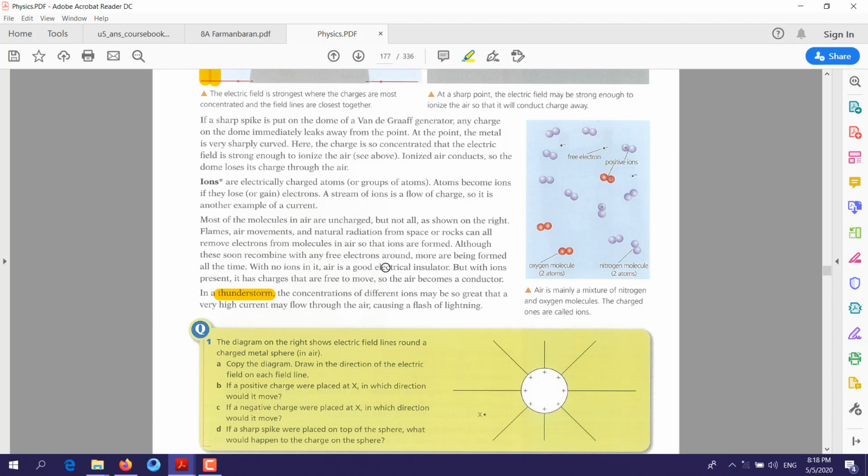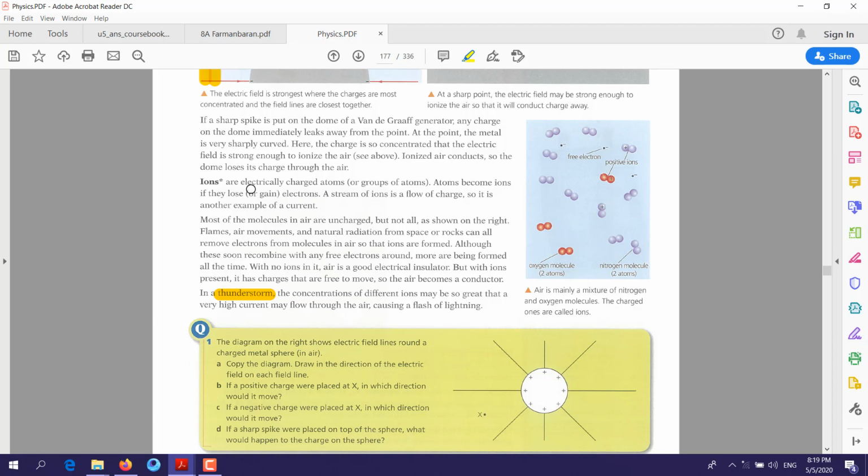But why can we see this spark? It started from the clouds and it reached the earth. For this spark to reach the earth, there should be something in the air that will carry this charge. What is the thing that will carry charge through the air?